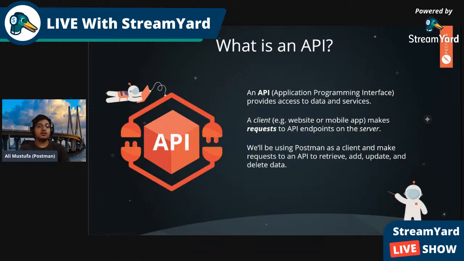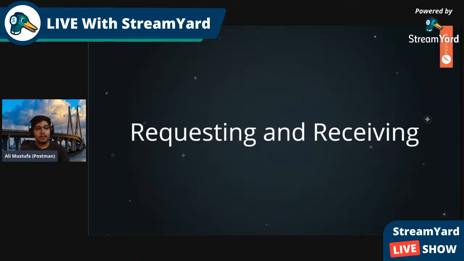Now, when we talk about using APIs, it's basically very simple. There are two simple methods you want to know about while using APIs. The first one is requesting, and the second one is receiving. Just imagine the scenario of a restaurant again. You go into a restaurant and request a menu.